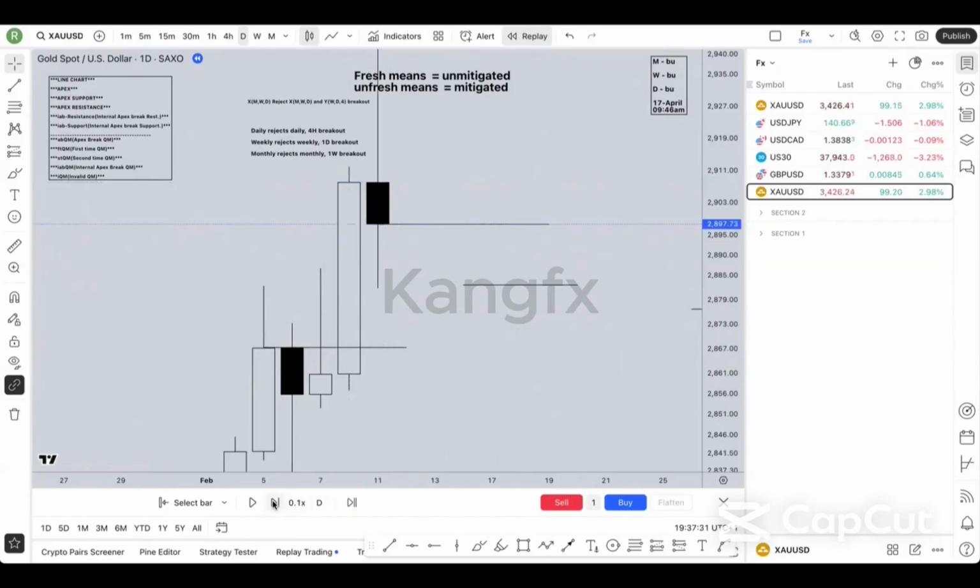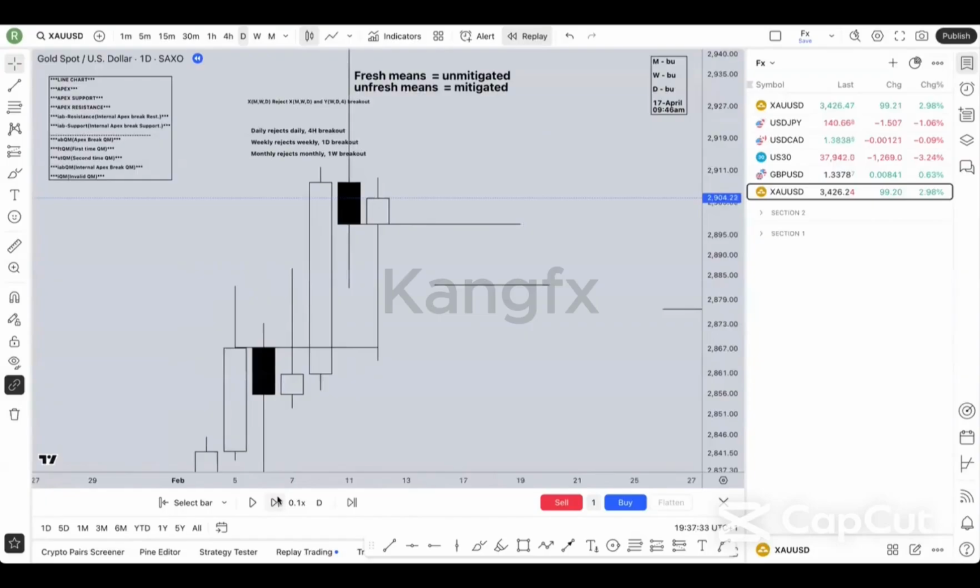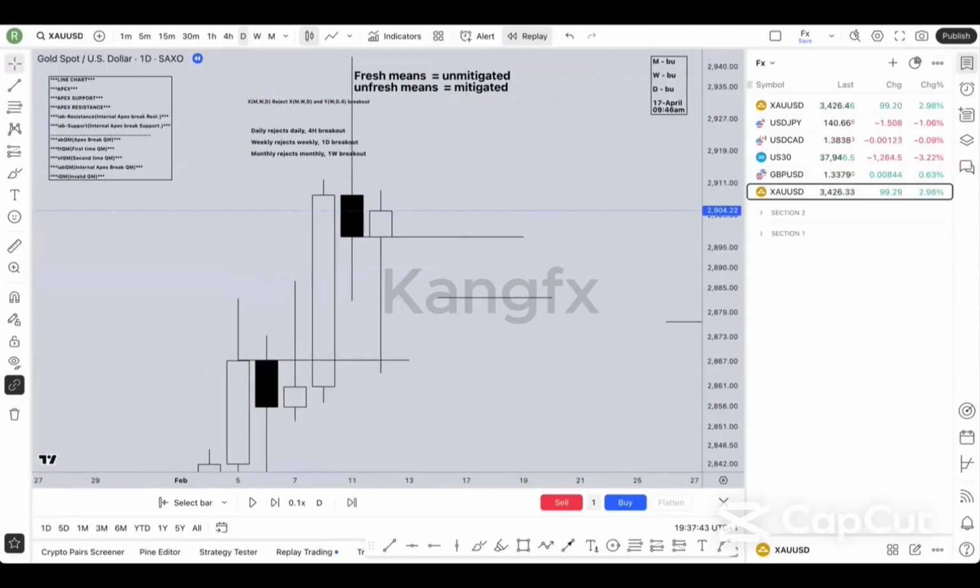Then we saw a candle came, it was still fresh, came, use it. As long as the candle touched it now, it's no more fresh again. This is unfresh. It's no more valid to pick a trade. The only time it will become fresh again is if another candle opens and closes below it, immediately closes below it, it has become fresh again. We can now use it again as a resistance.